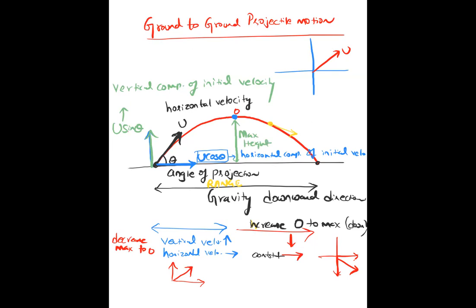Range is also a function of u and theta, as I told you in the last class, and maximum height is also a function of u and theta. U is the velocity with which you are throwing the projectile, and theta is the angle of projection. Both are very critical in deciding how much height the object will go and how much horizontal distance it will travel. Please note it down and raise your hand after completing it.